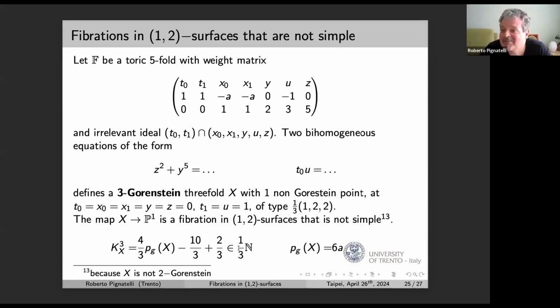So yes, there are some results about this. Someone told me for 5-folds what the 4-fold to consider should be, and I wrote it down somewhere, but didn't tell me why. So I have to look in the references, because it took a lot of effort, and I spent most of my life on surfaces.